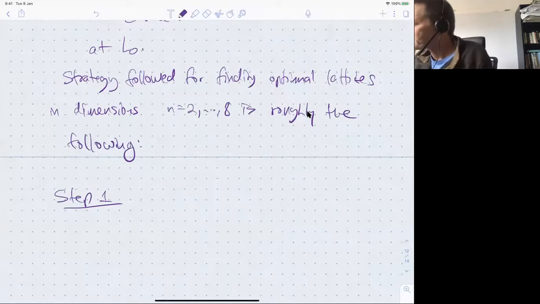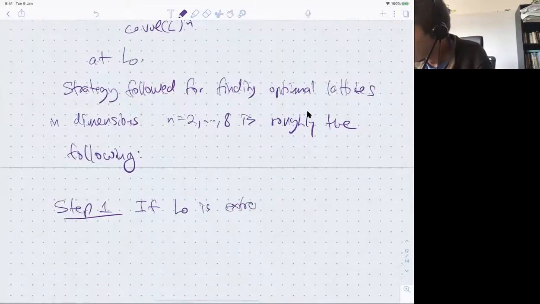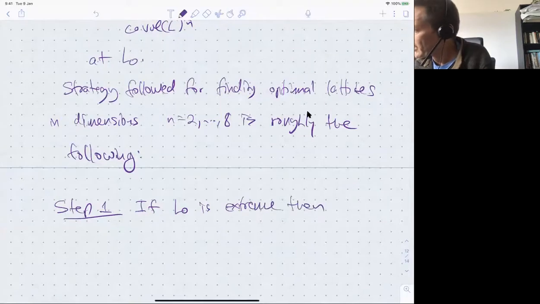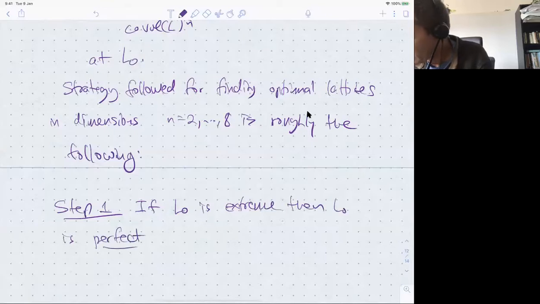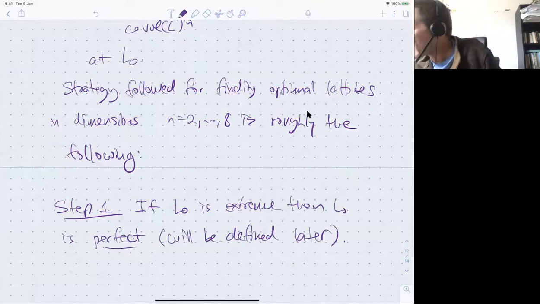Step 1, you show that if L0 is extreme, then L0 is perfect, and I'll define what perfect means later. This is some restriction on the geometry of this lattice. It's saying that the lattice has lots of short vectors of equal length and saying something geometrical about them.